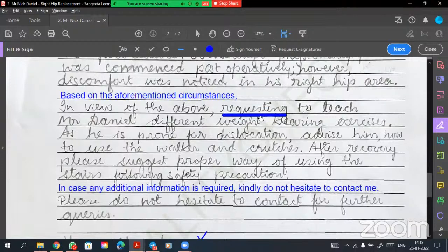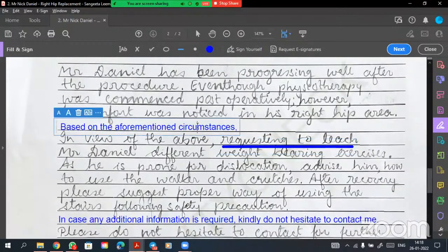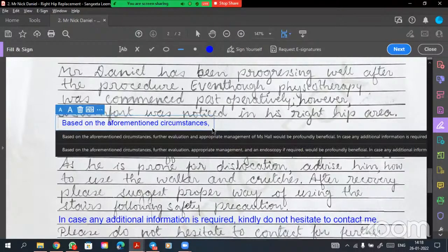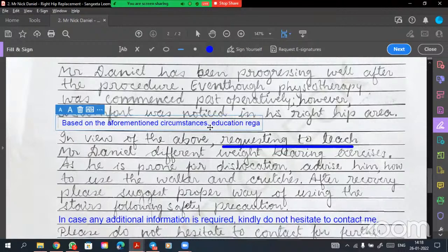Based on the aforementioned circumstances, instead of requesting to teach, you can say education regarding different weight bearing exercises is recommended. Like that you can say. Based on the aforementioned circumstances, comma, education regarding different weight bearing exercises.